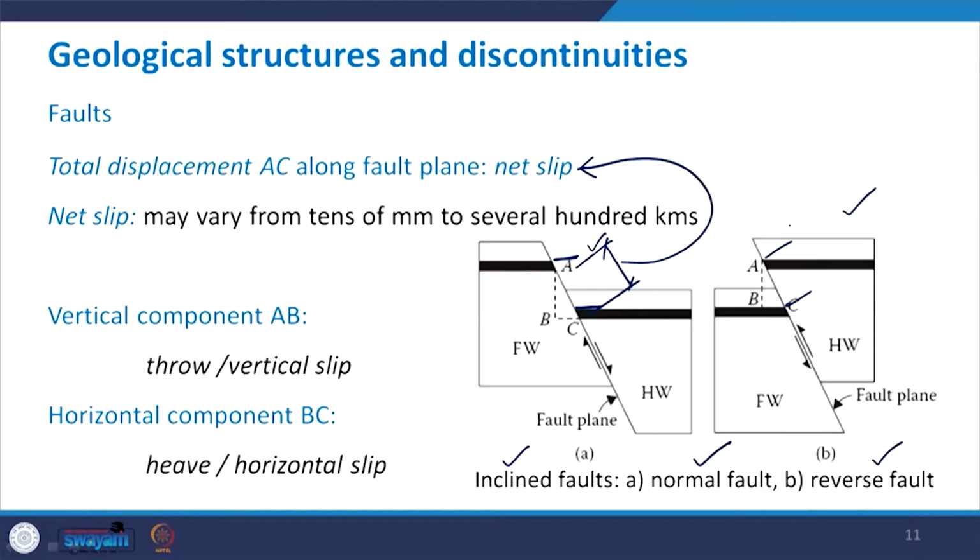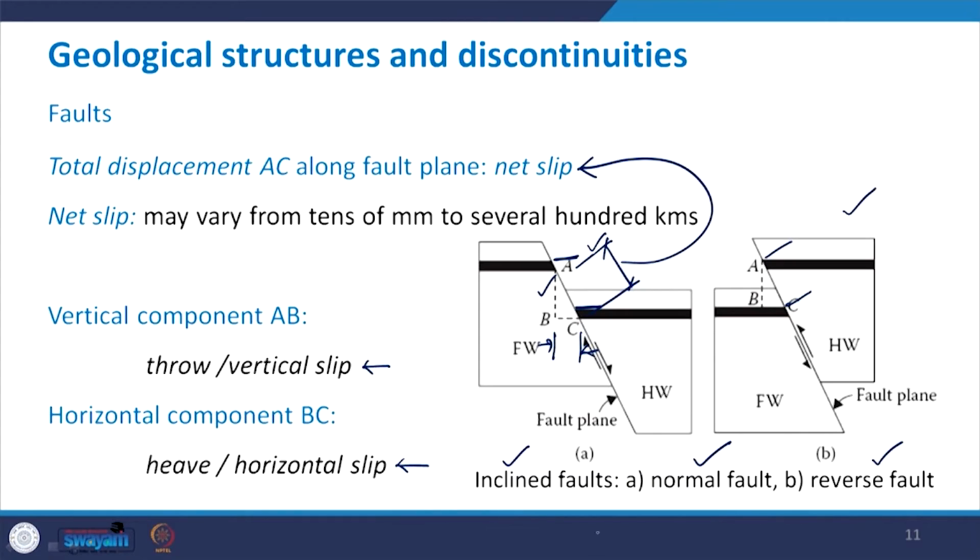Now, you see the vertical component of this slip, that is the vertical component of this AC is AB, which is called as throw or vertical slip, and the horizontal component BC is called as heave or the horizontal slip. Please remember, vertical component is throw, horizontal component is heave.